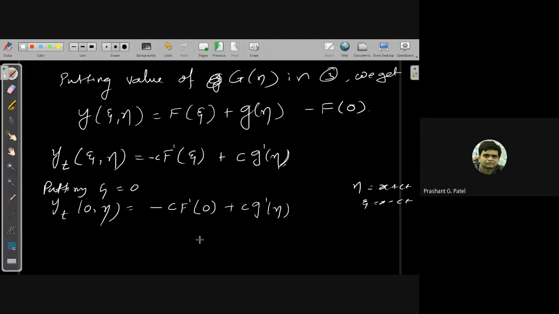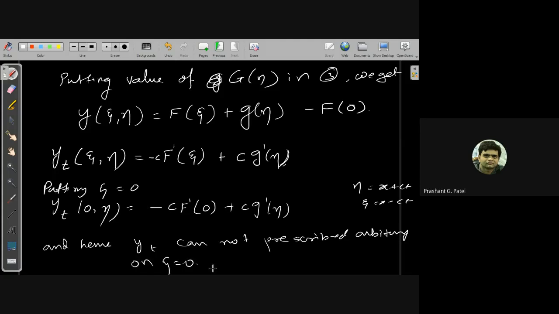And hence y_t cannot be prescribed arbitrarily on xi equal to 0.